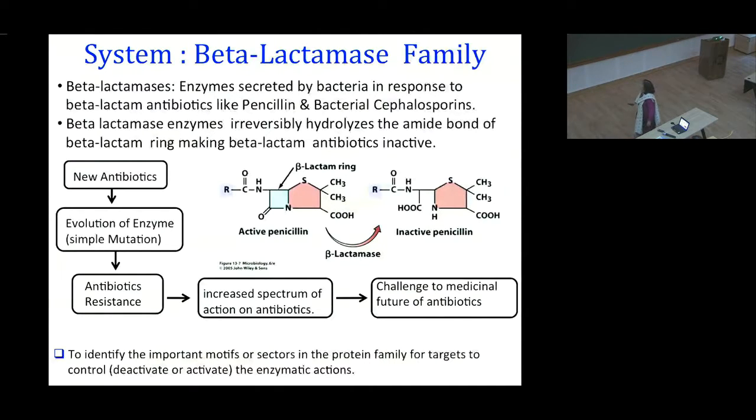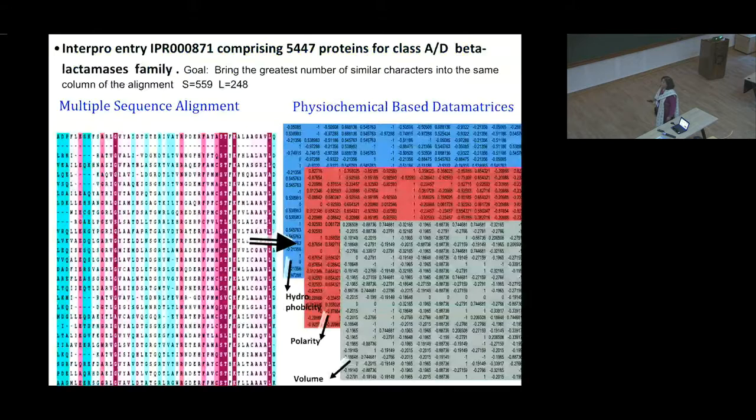We look at the data that there is in the protein data banks, and this is one of the data banks, and it consists of these beta-lactamase families of class A, B, and there are 547 protein sequences. So there's a sequence of proteins, which are made of amino acids, and they're taken from different organisms.